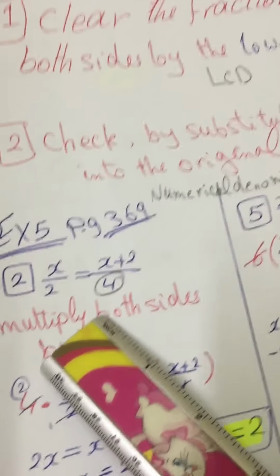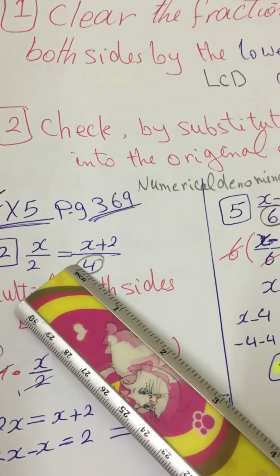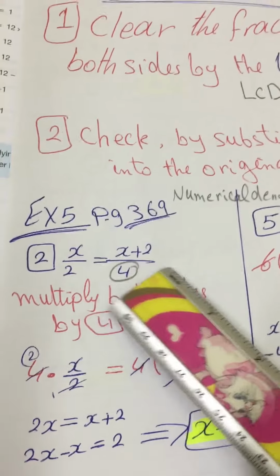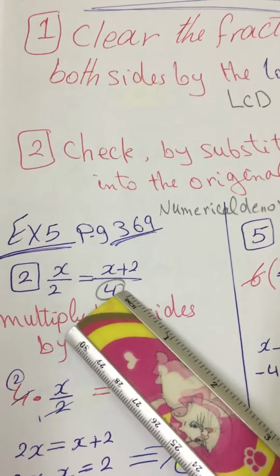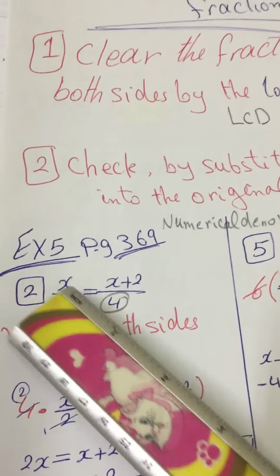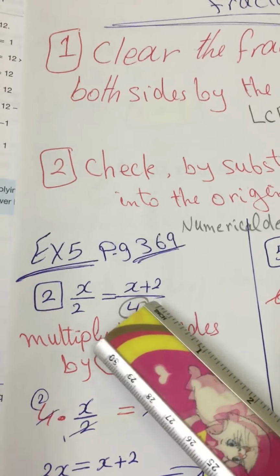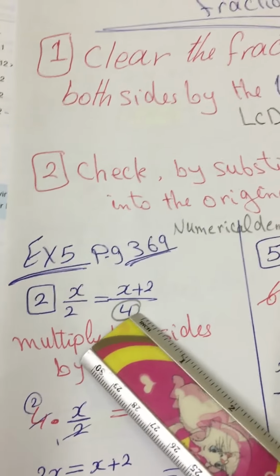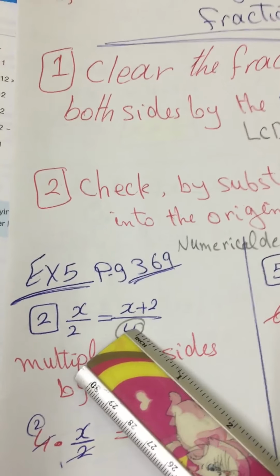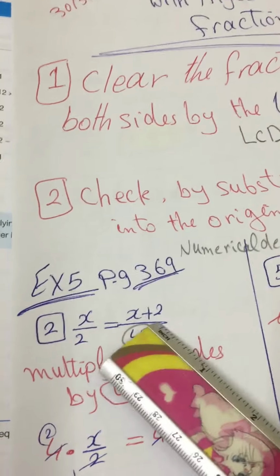Let's see. I'll take question number 2. We have the fraction x over 2 equal to another fraction, x plus 2 over 4. What is the least common denominator? I can multiply both sides by it to clear the denominator: 4. So I can multiply this side by 4 and that one by 4.